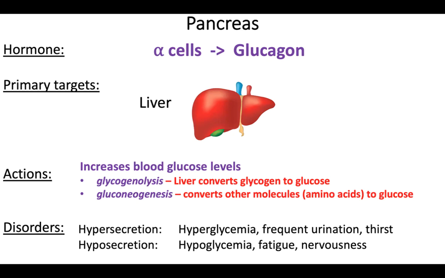It's a very large gland, but most of it is not endocrine. All right, most of it is exocrine tissue. And the exocrine tissue produces digestive enzymes. So we'll revisit the pancreas when we get to the digestive system, where we're going to see that it produces a lot of different enzymes that digest your nutrients.